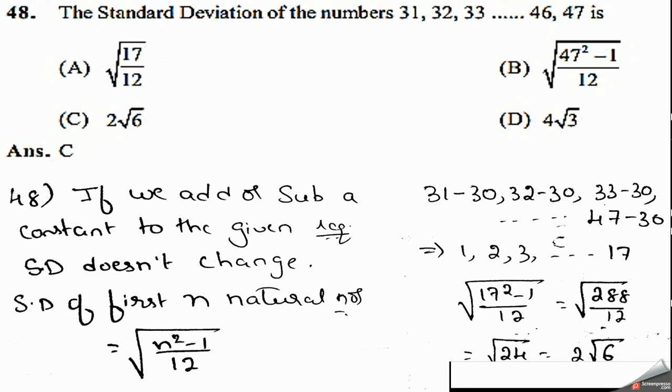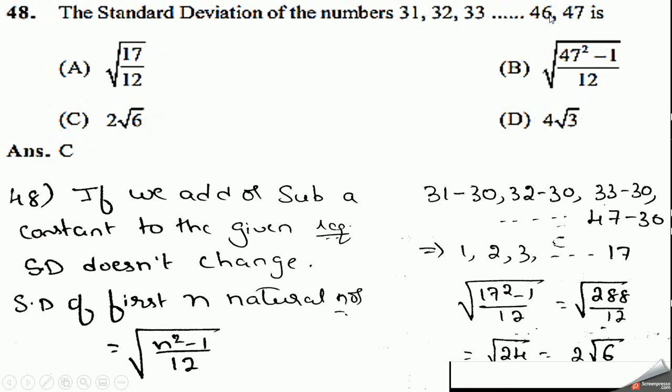If we add or subtract a constant to the given sequence, standard deviation does not change, and the standard deviation of the first n natural numbers is root of n square minus 1 by 12. This derivation you have in the grade 11 statistics chapter.